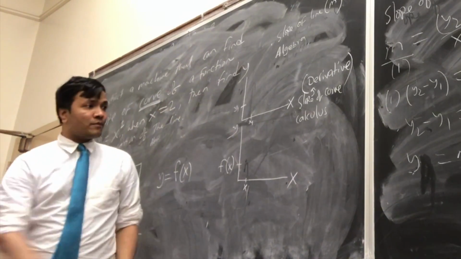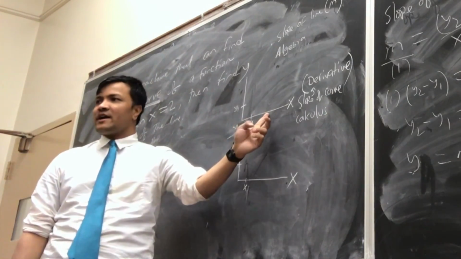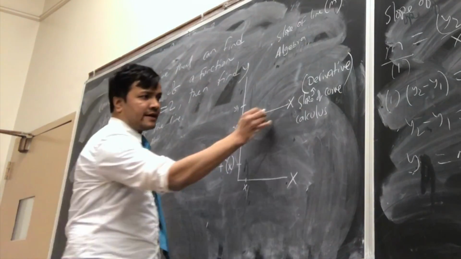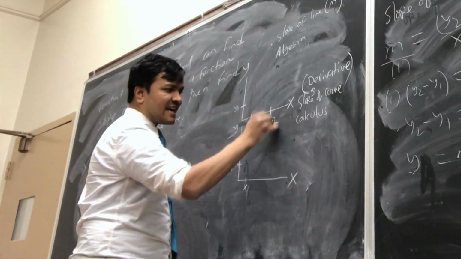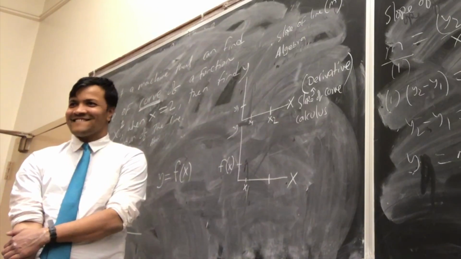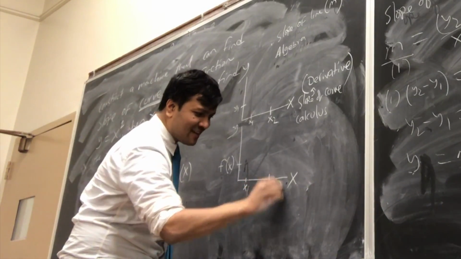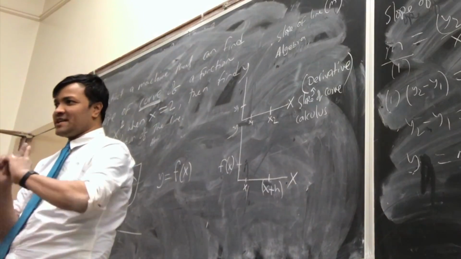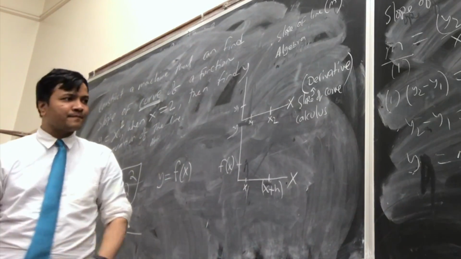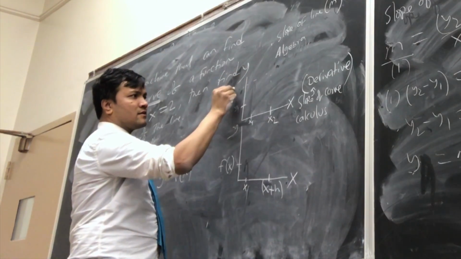Is that okay? Yes. What is this one? You saw it before. X2. If this one is x1, what is this one? X2. X plus h. Okay. Pretty soon you're going to explain that. But what is this one then? Y2.